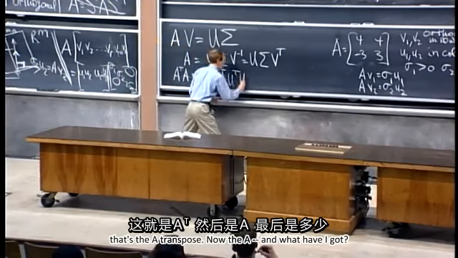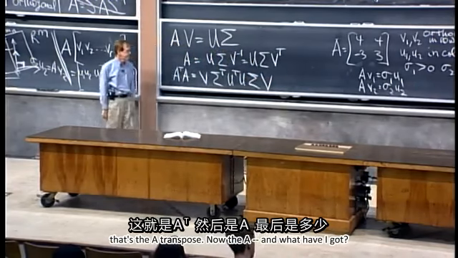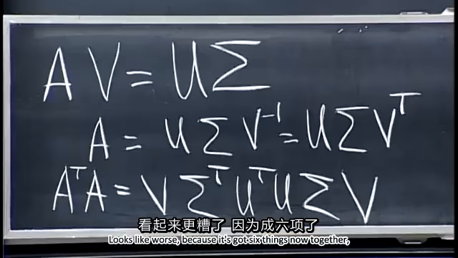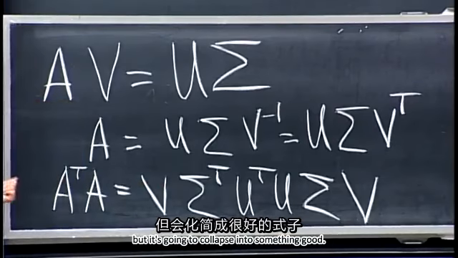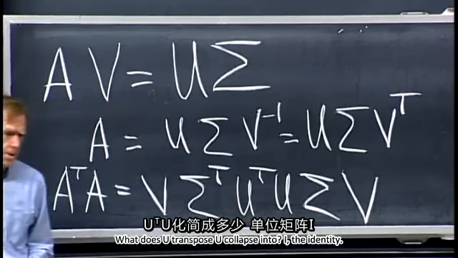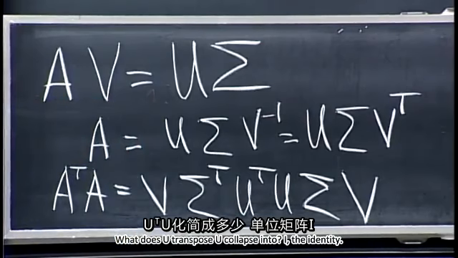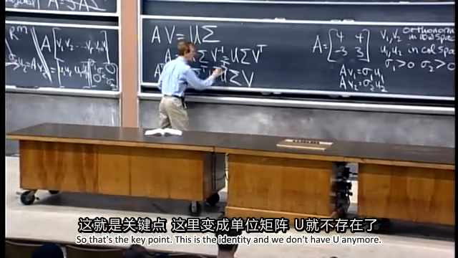Now the A. And what have I got? Looks worse, because it's got 6 things now together, but it's going to collapse into something good. What does U transpose U collapse into? I, the identity. So that's the key point. This is the identity, and we don't have U anymore.